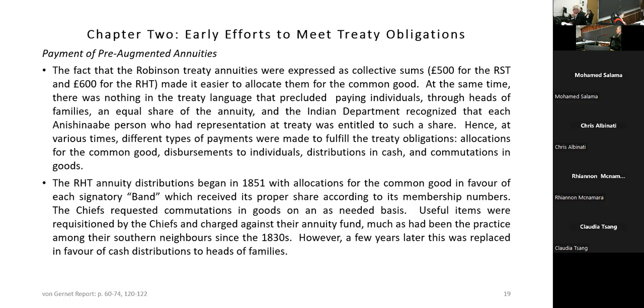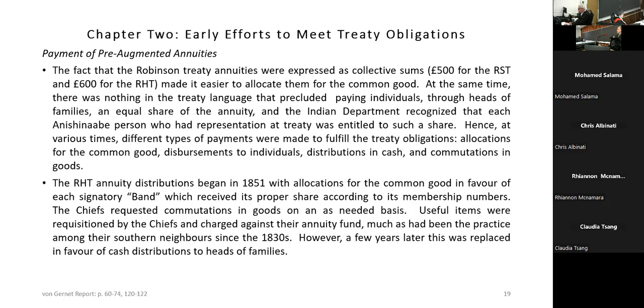Right, the Crown, or I should say, the Indian Department had heard that the RST annuitants preferred cash monies to individual heads of families.